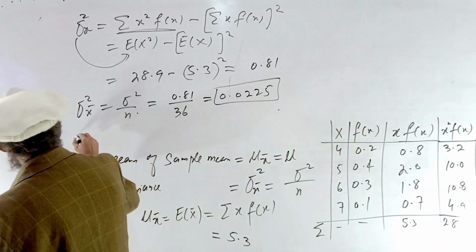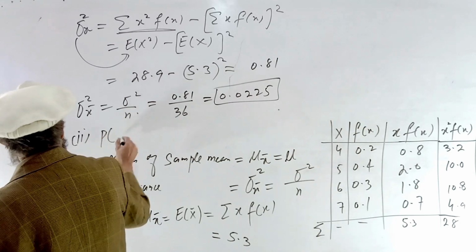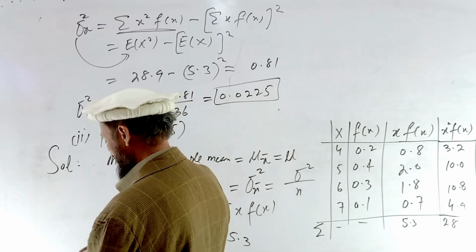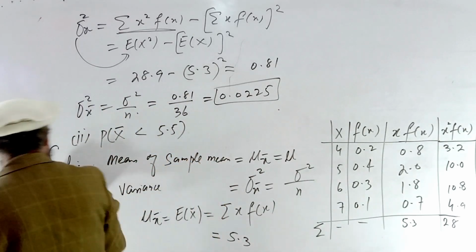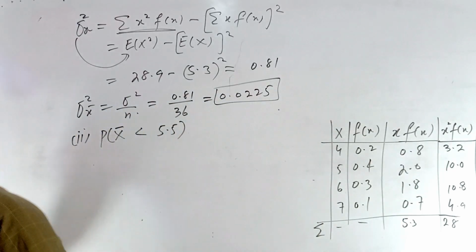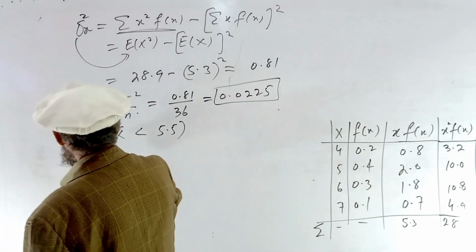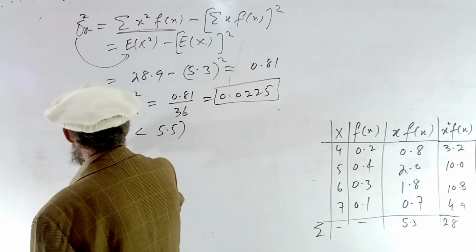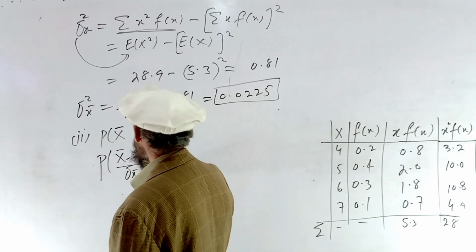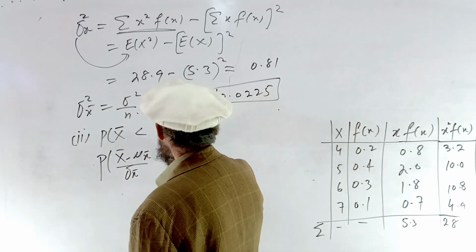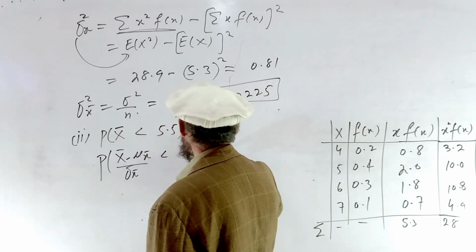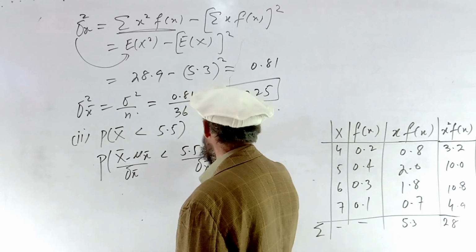The second part is the probability that x bar is less than 5.5. Now we use the standardized property. We make the standardized variable z equal to x bar minus mu x bar divided by sigma x bar, less than 5.5 minus mu x bar divided by sigma x bar.